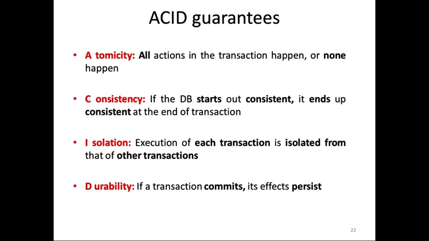And that, of course, means transactions execute as if they are isolated from the side effects of other transactions being executed concurrently over the same data. And durability: if a transaction commits, its effects must be permanent, must be persistent, and that, of course, means saved to disk.